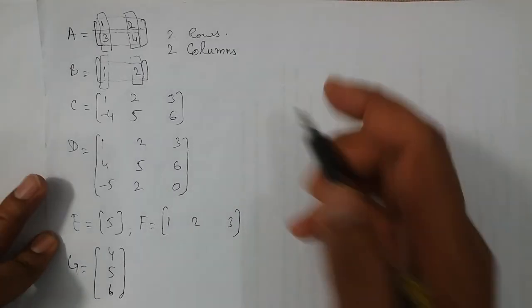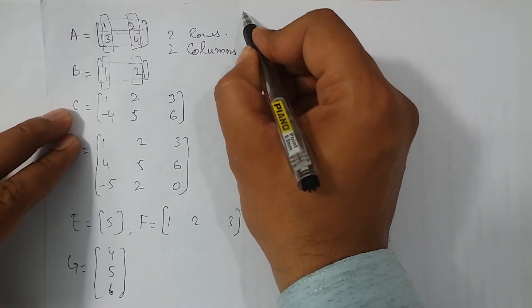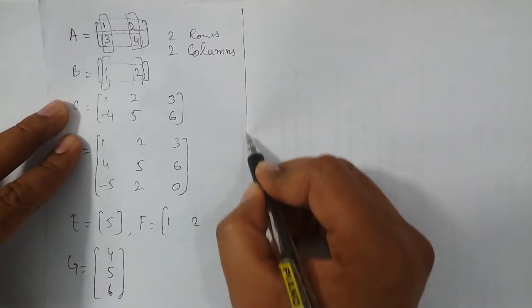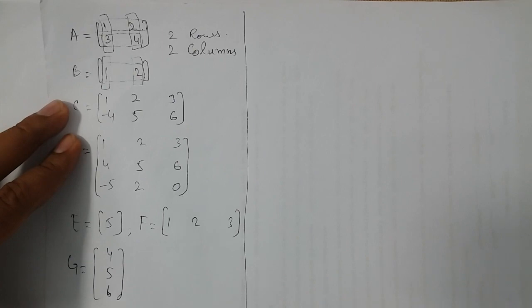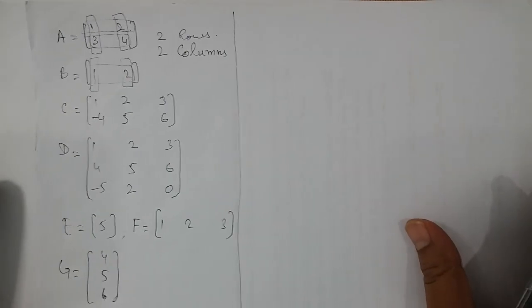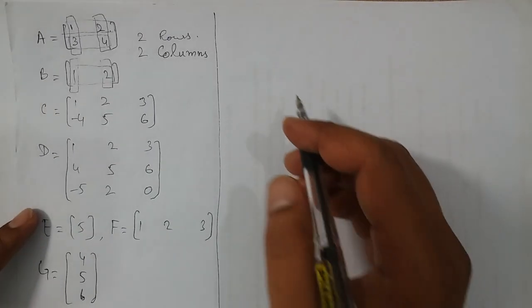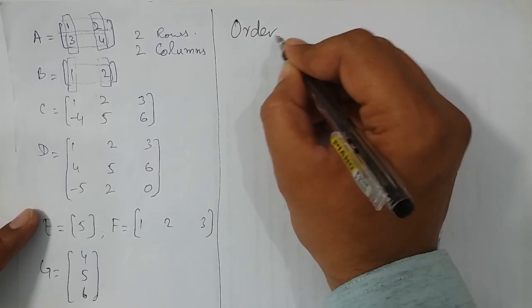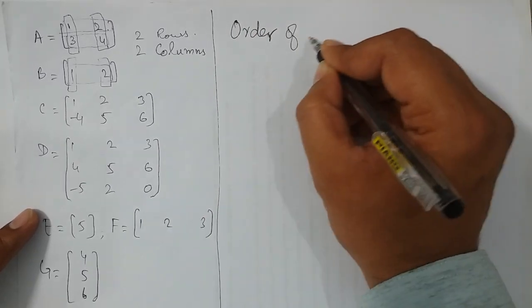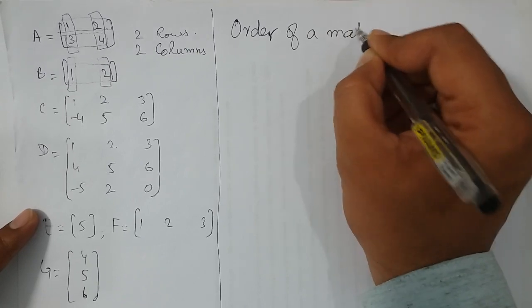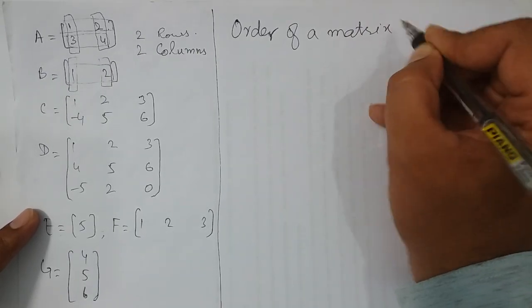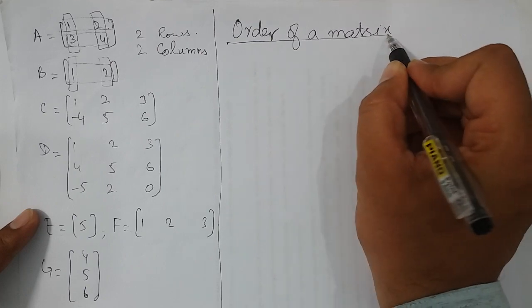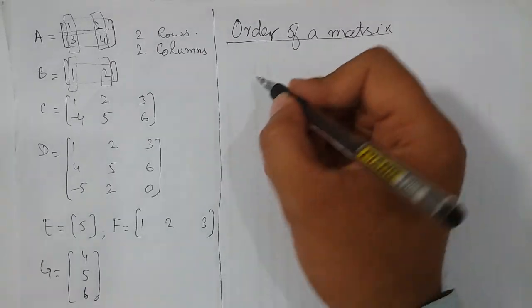This is what we are going to discuss as the next term, which is named as order of a matrix. So what is meant by order of a matrix?